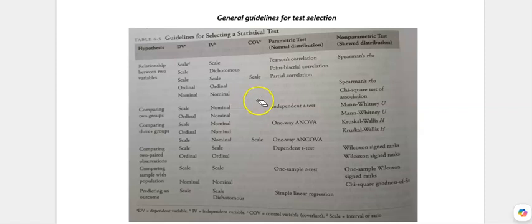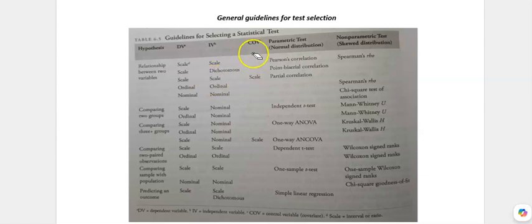When you have an ordinal variable, you cannot conduct the Pearson correlation. You can conduct Spearman's rho because that is a non-parametric test. And also when your independent variable is dichotomous, only two groups and not a continuous variable, you can still run the point-biserial correlation.